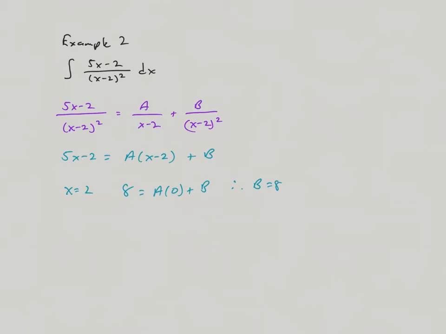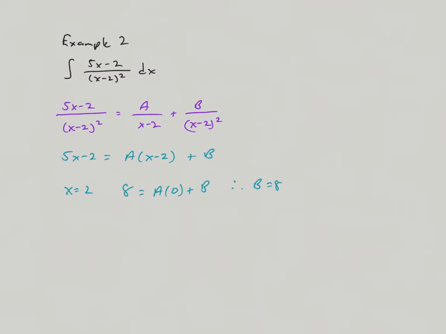Now, the next thing I want to do is solve for a. To solve for a, I really have a lot of different options. I can pick whatever value I want for x, except for obviously 2. So in this case, I'm going to make my life a little bit easier. I have to use a value of 8 for b, and I can just pick any number I want.